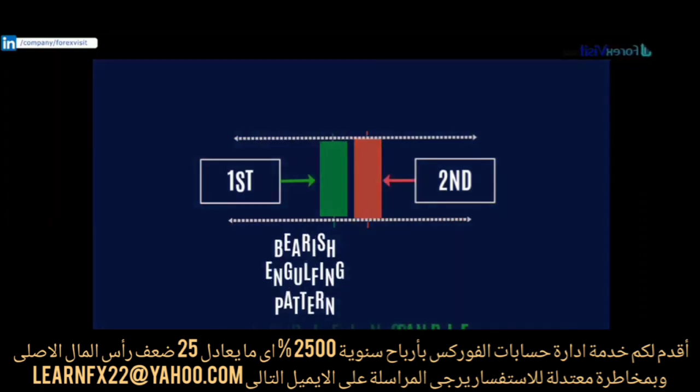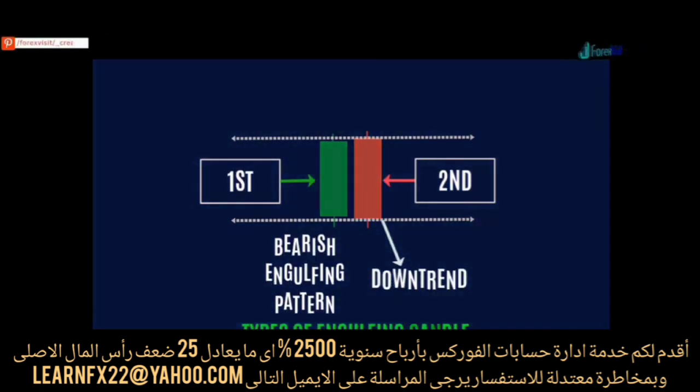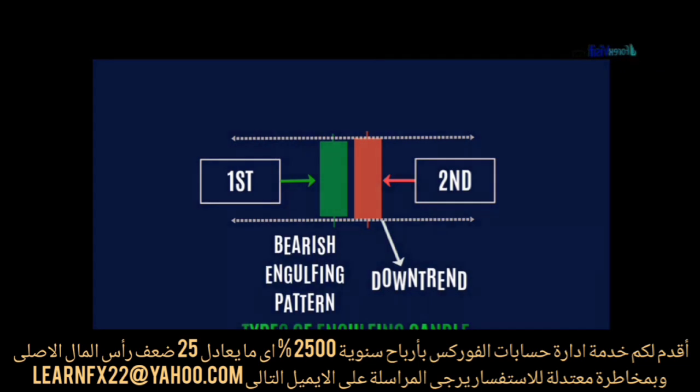Second, the bearish engulfing pattern. The bearish engulfing pattern is simply the opposite of the bullish pattern. The bearish engulfing candle triggers a reversal of an existing trend as more sellers enter the market and drive prices down. Further, the pattern involves two candles, with the second candle completely engulfing the body of the previous up candle. Interpretation: price action must show a clear uptrend when the bearish pattern appears.